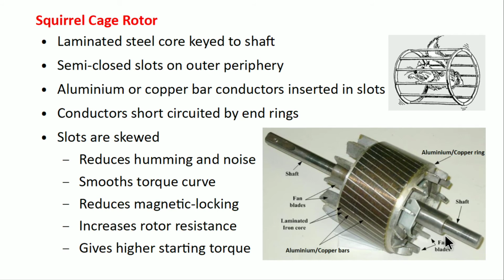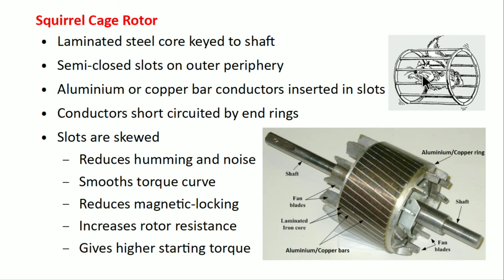This core is mounted on the shaft as shown here and is keyed to it. Now let us see why this motor is called squirrel cage motor and the rotor used in this is called squirrel cage rotor. If we take out the conductors of this rotor and the end rings and assemble them outside, this will be the shape.